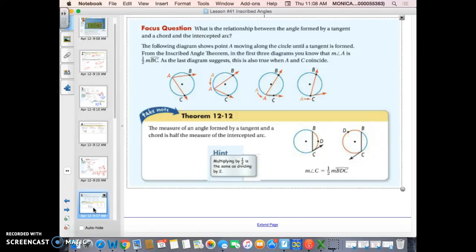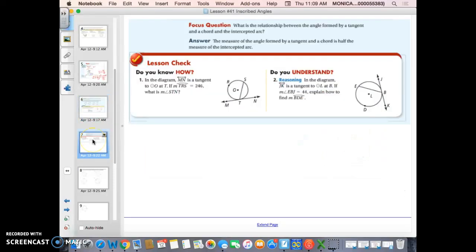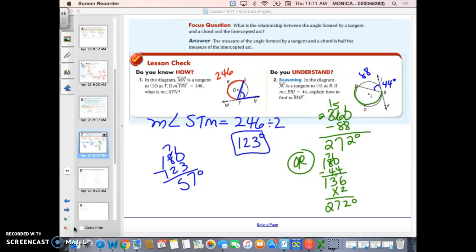So remember that you can also take the angle and multiply it by 2 to get the arc. So if you need to read through this, go ahead. So let's go ahead and check to make sure that we know what we're talking about. It says, pause the video, work these out, come back and see. So we found that the angle in question was 57 degrees for the first example.